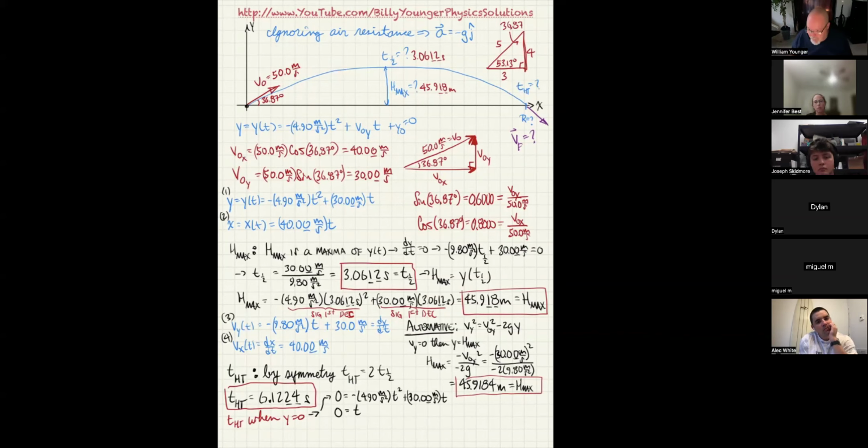So just keep that in mind. Sometimes you might have to, but I'm going to factor out the t, and from that, I'm going to get t times negative 4.90 meters per second every second times t plus 30.0 meters per second in parentheses.